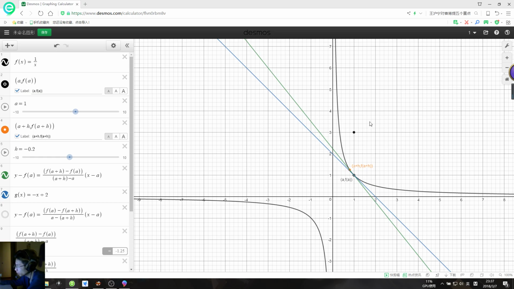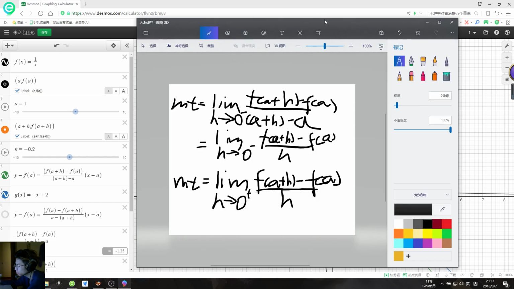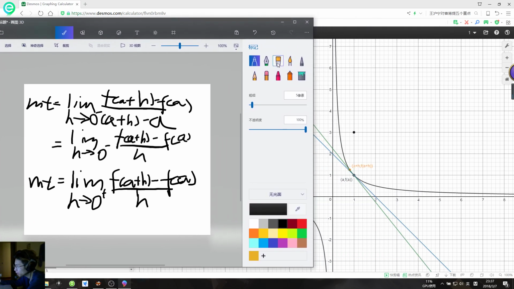Why? Because why can I get the slope of the tangent by using this formula? Because here f at a plus h minus f at a should be on a continuous function, which means f at a should be very close to f at a plus h.